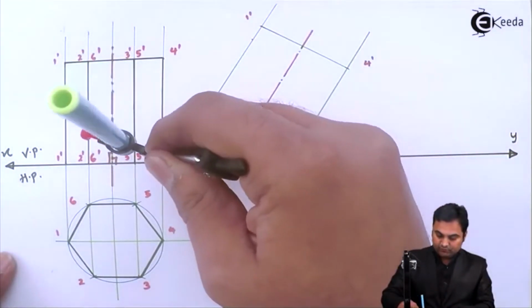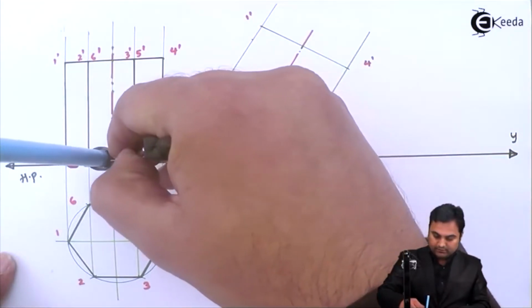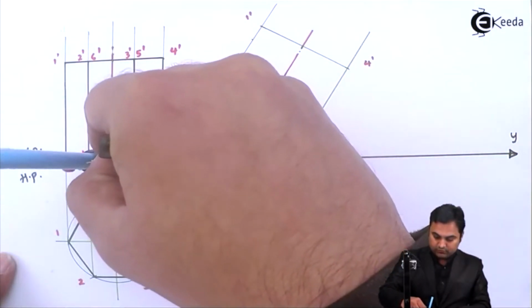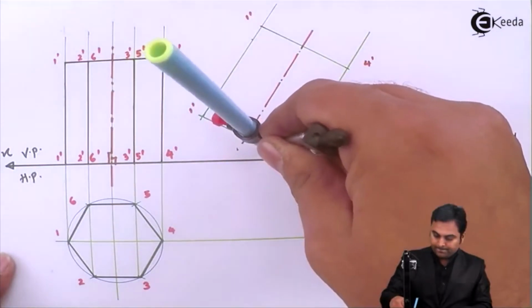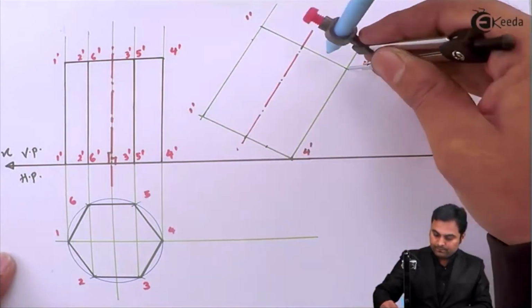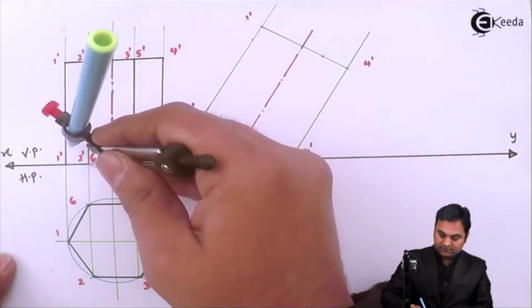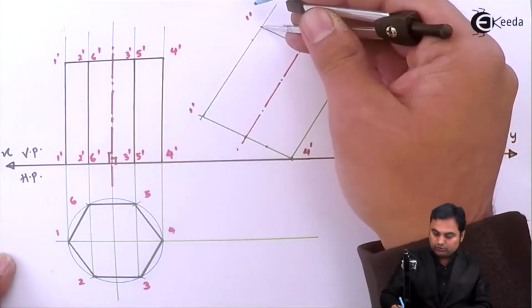Measuring the distance from 4 to 3, and it will be the same as 4 to 5 as well. The same distance will be there from 1 to 2 or 2 to 6.